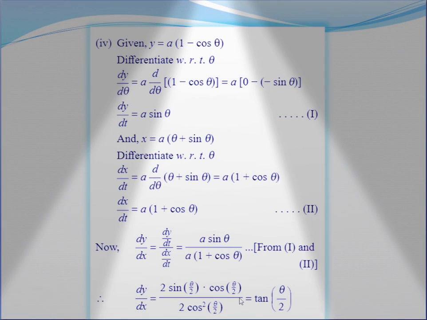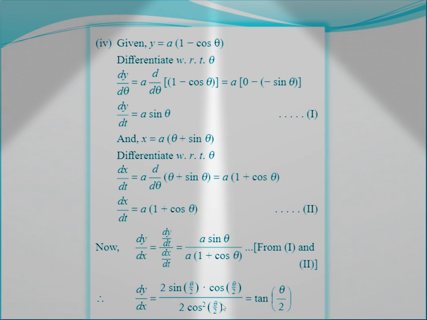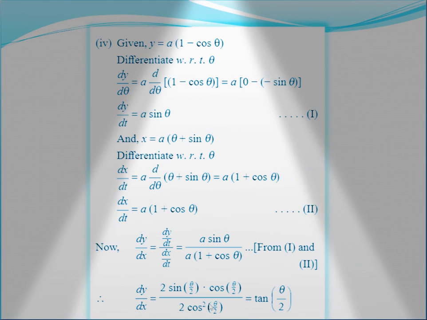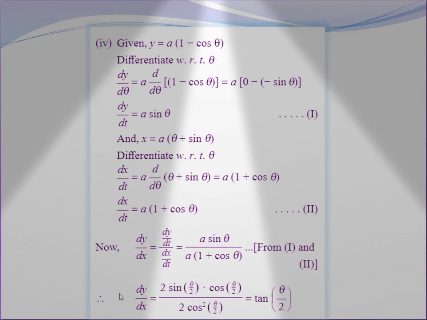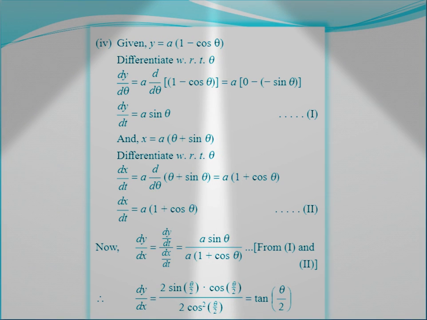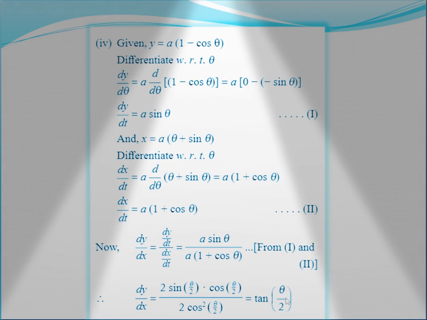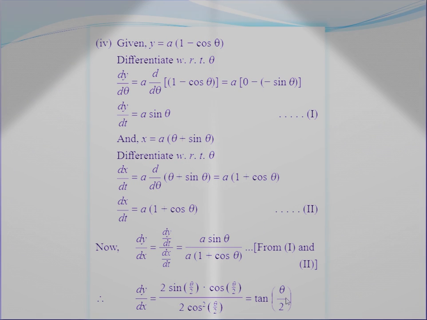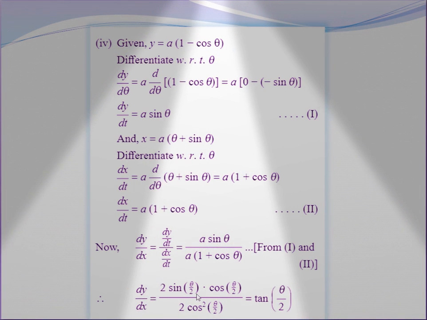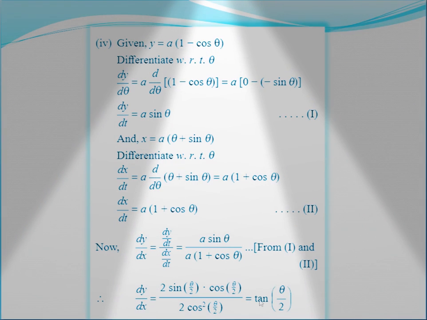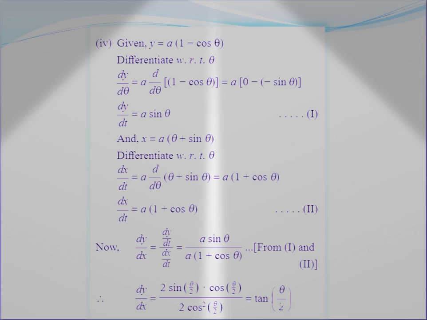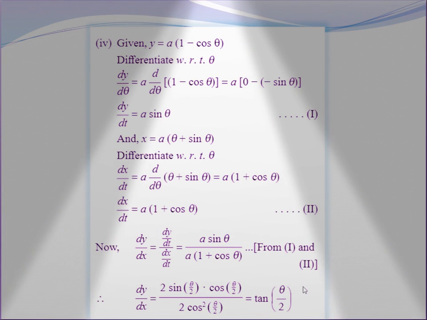Now here 2 upon 2 cancels, cos theta by 2 upon cos theta by 2 cancels, remains only dy by dx equal to sin theta by 2 upon cos theta by 2. And we know that sin theta upon cos theta equals tan theta. Therefore dy upon dx is equal to tan of theta by 2. This is the answer for example number 4.